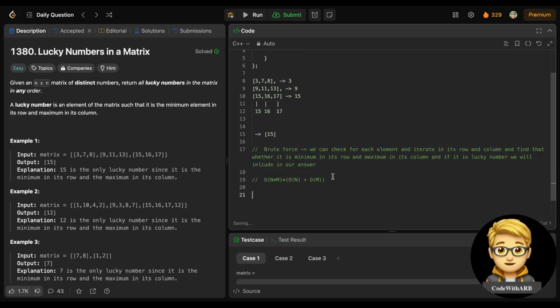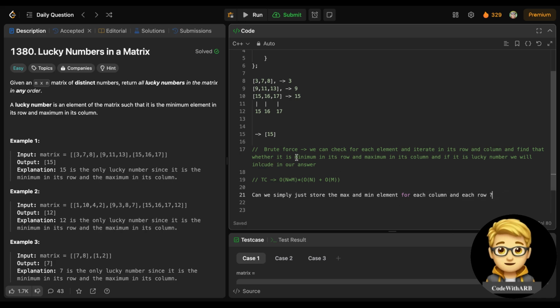But can we simplify this? What we are doing is checking each element and moving in its row and its column each and every time. So can we simply store the max and min elements for each column and each row separately, and check that, right?